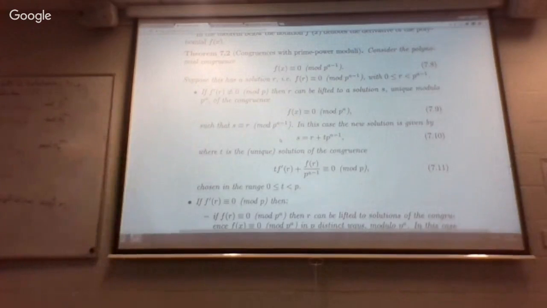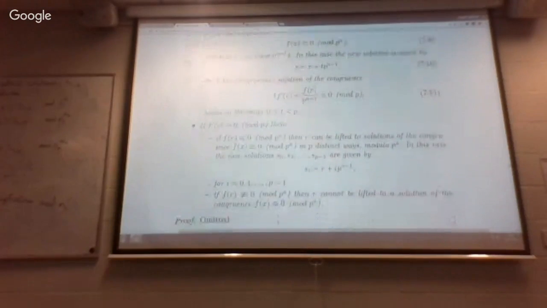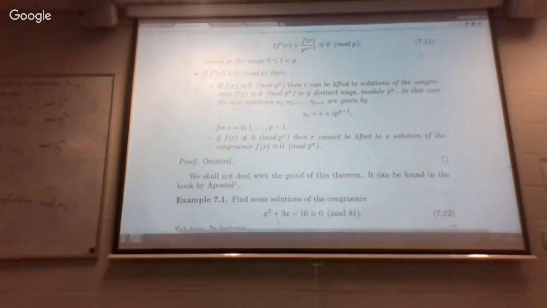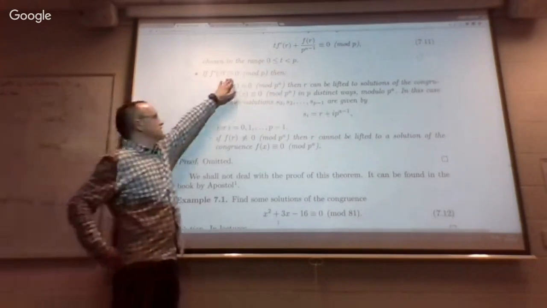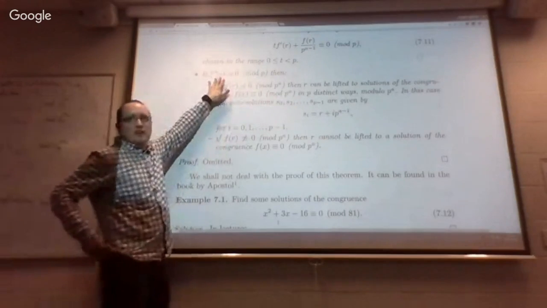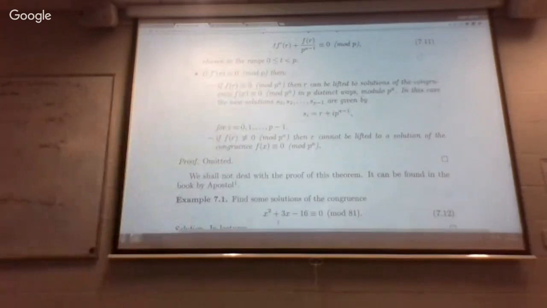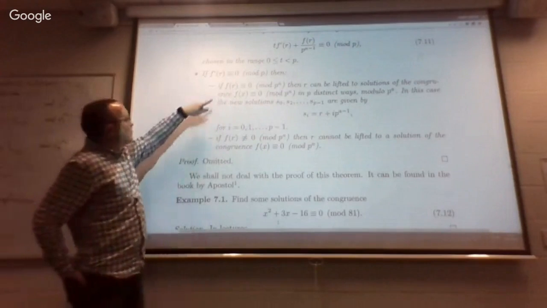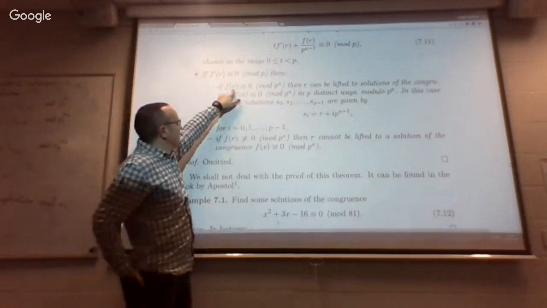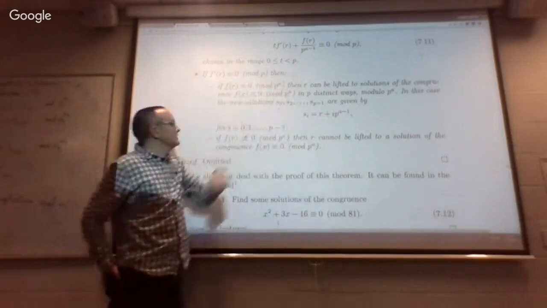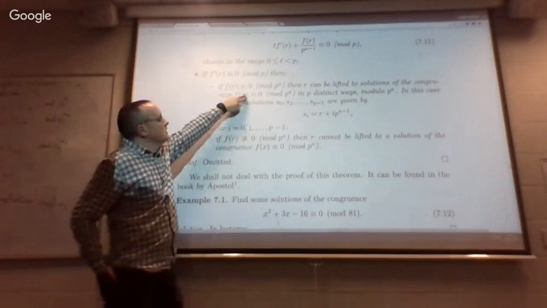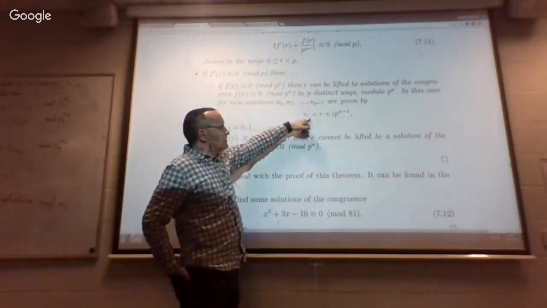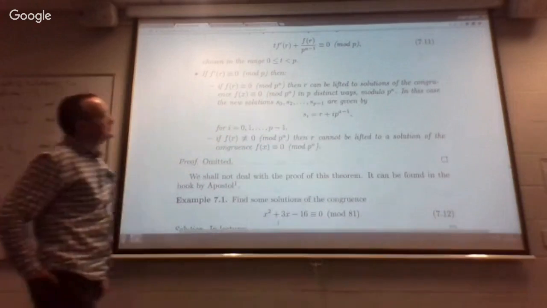Okay. On the other hand, if we get put into this second bullet point here, where we've got something 0 modulo p when you evaluate the derivative of f at r, then there are two cases when you look at the value of f evaluated at r modulo p to the a. If it's 0, then your solution r is going to lift in multiple ways.